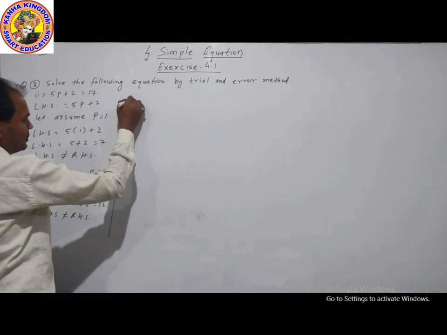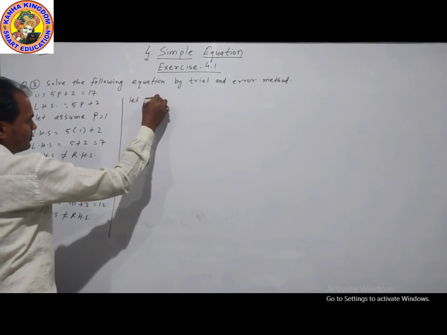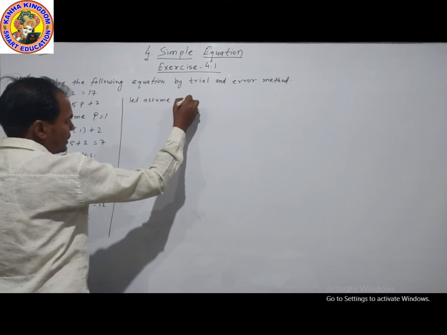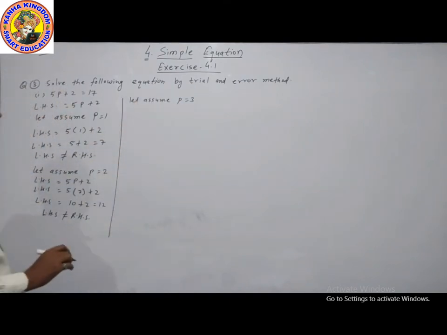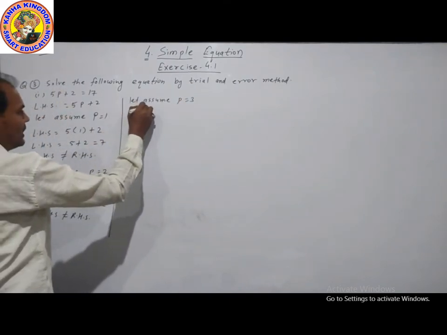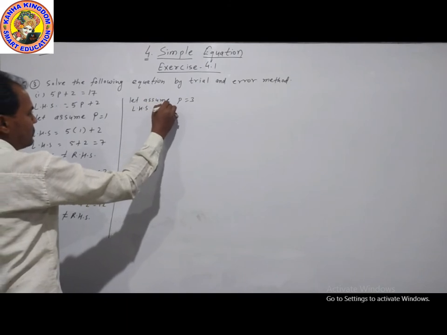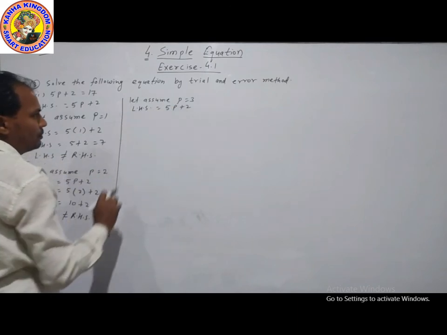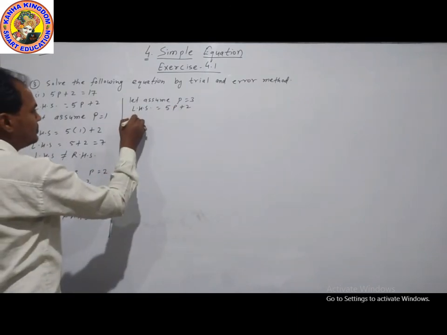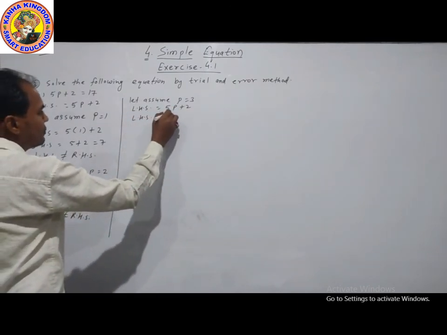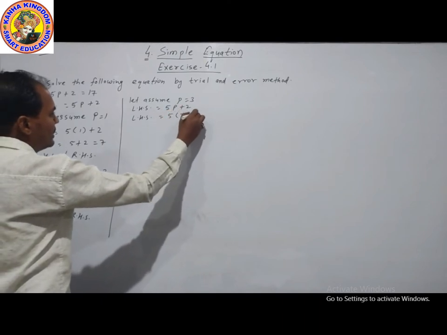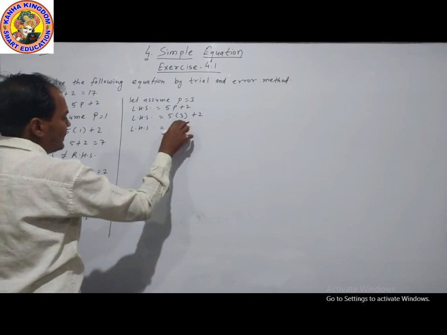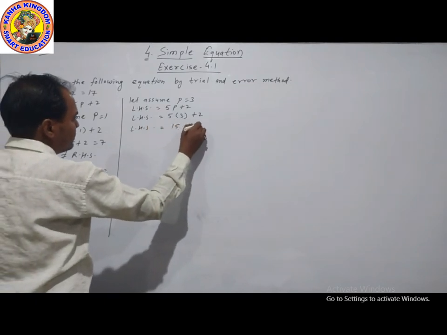Now let assume p is 1, p is 2, next is p is 3, p equal to 3. Our left hand side in question is 5p plus 2. Now putting the value of p is 3. So left hand side is equal to 5 into 3 then plus 2. 5 into 3, 15 then plus 2.